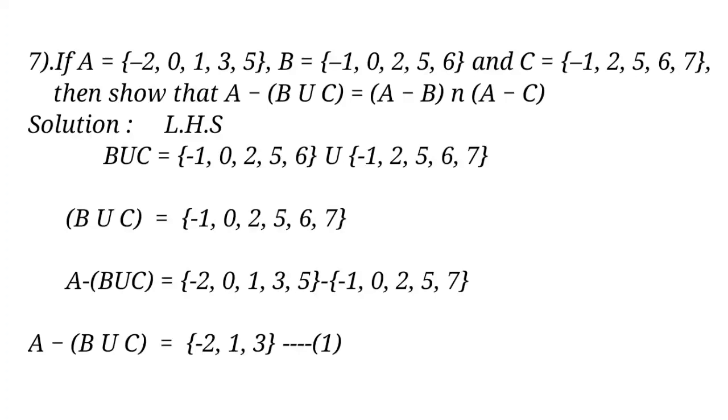Therefore A minus B union C is equal to {-2, 1, 3}. Then only in A, not in B union C. Therefore A minus B union C is equal to {-2, 1, 3}. That is equation number 1.